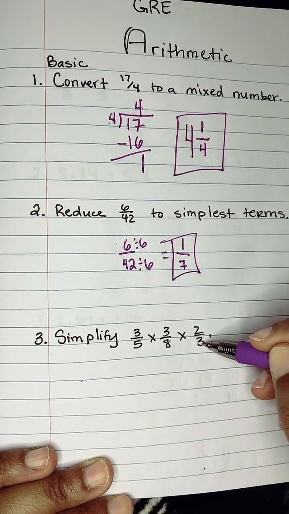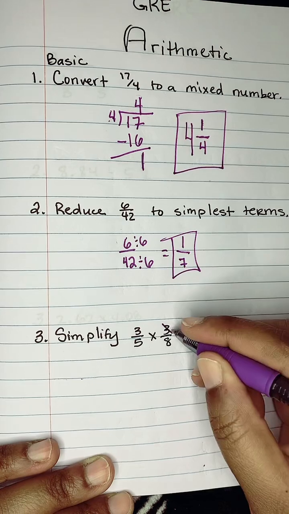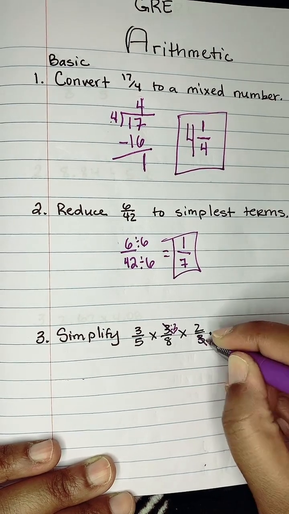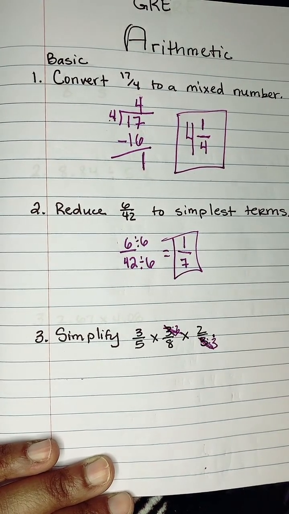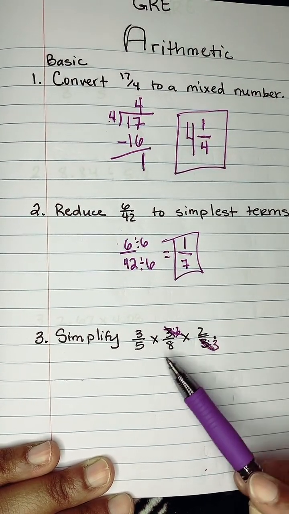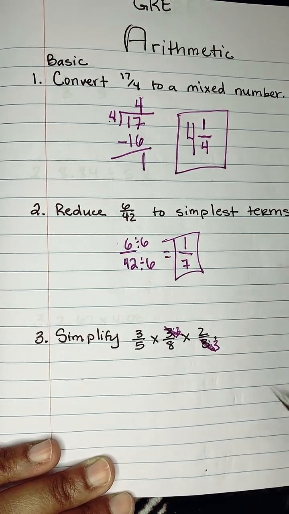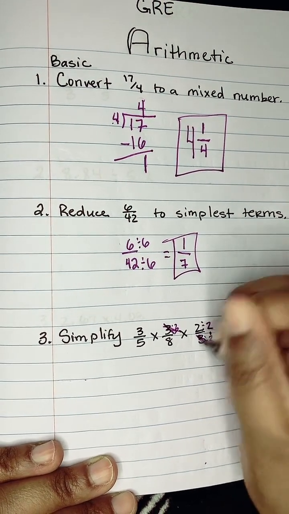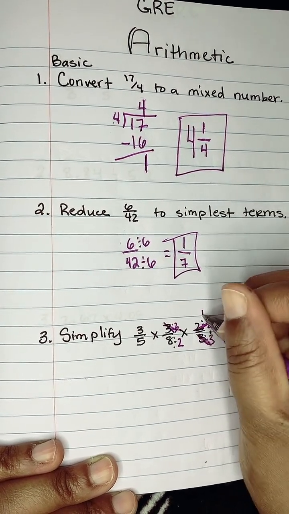Well, we have 3/3. So 3/3 cancels because you could divide this by 3 and you could divide this by 3. And so they go to a 1. We also have a 2 and an 8 that can go into each other. So if we divide this by 2 and divide this by 2, 2 divided by 2 will give us 1.